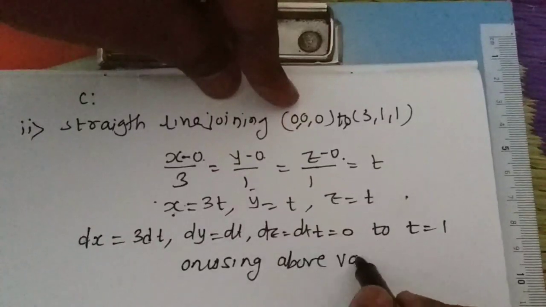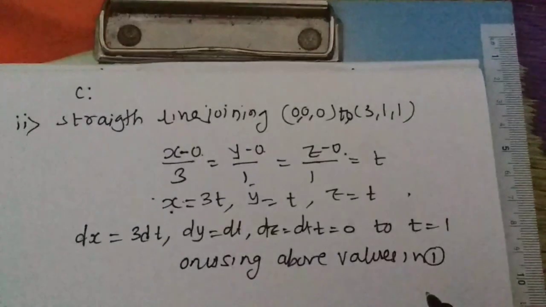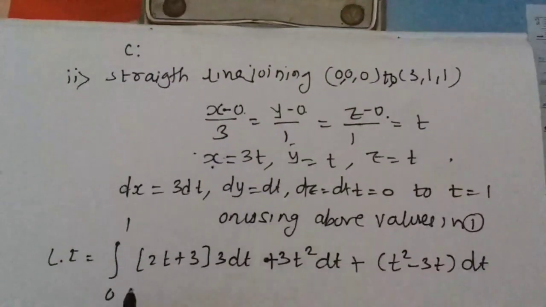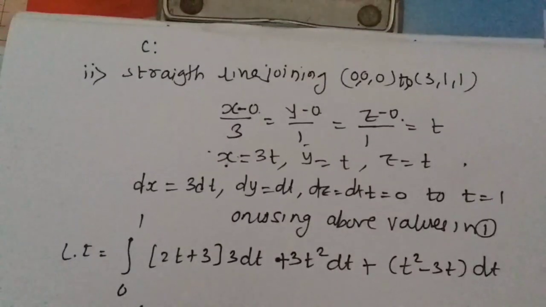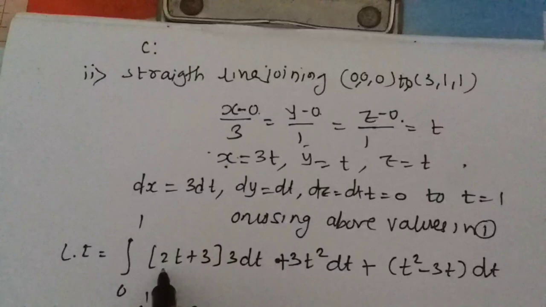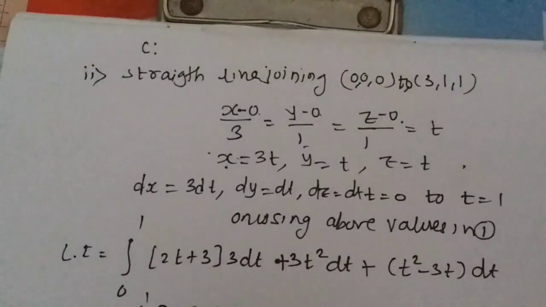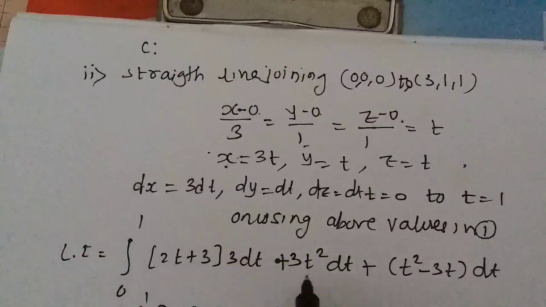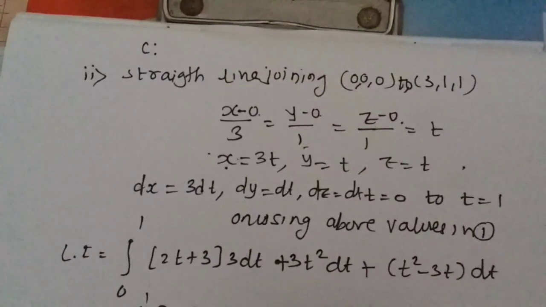Using the above values in equation 1, like the previous case, we get this equation. After collecting like terms together, the constant term is 9, the first degree term is 6t minus 3t plus 3t, and the second degree term, the t square term, is 3t square plus t square, that is 4t square.